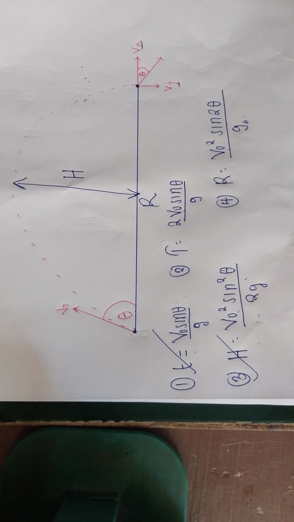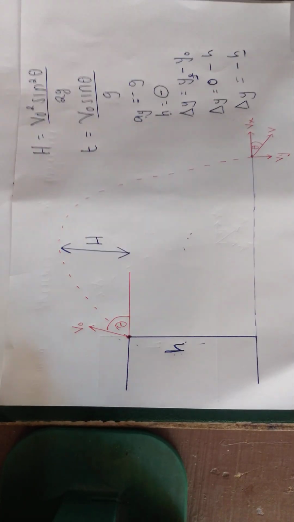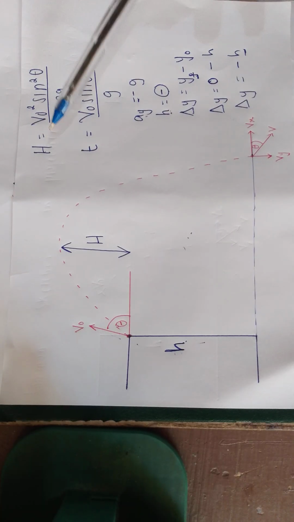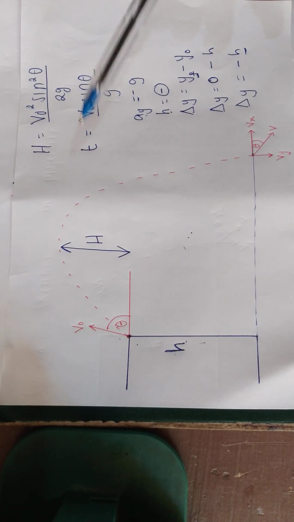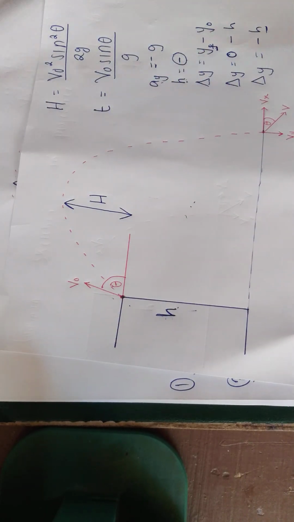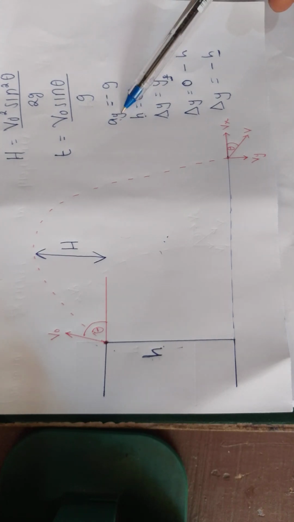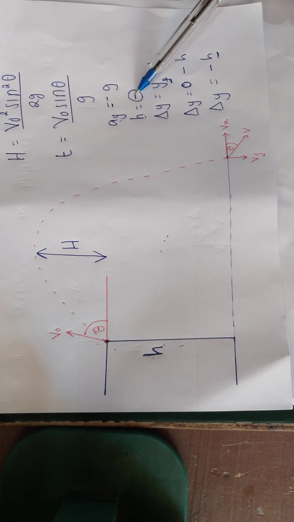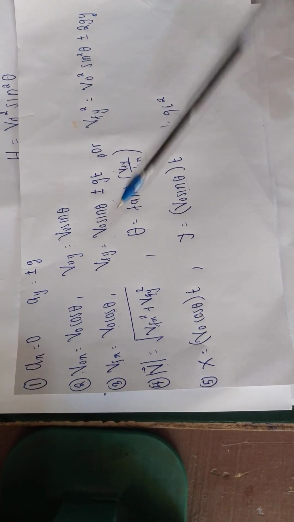Then the other type of sketch is this one, where a ball has been projected from a certain height. The formulas you can use are the one for maximum height and the time taken to reach maximum height. And the other thing is the acceleration is going to be negative and the height is also going to be negative.